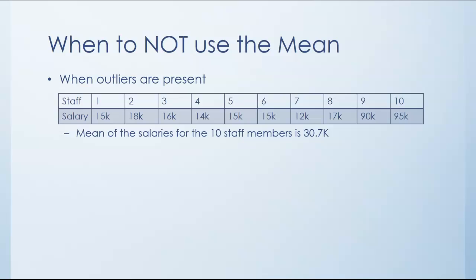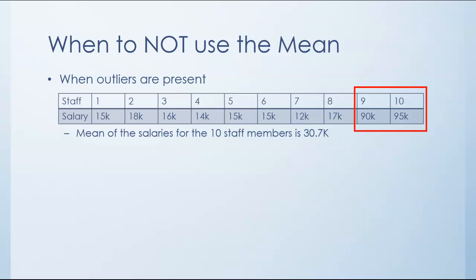But hopefully if you looked at this data, you can see that these last two people, staff number 9 and 10, make up a substantially large amount of money compared to the rest of the staff members. So look what happens if we remove staff members 9 and 10 and just calculate the mean with 1 through 8.